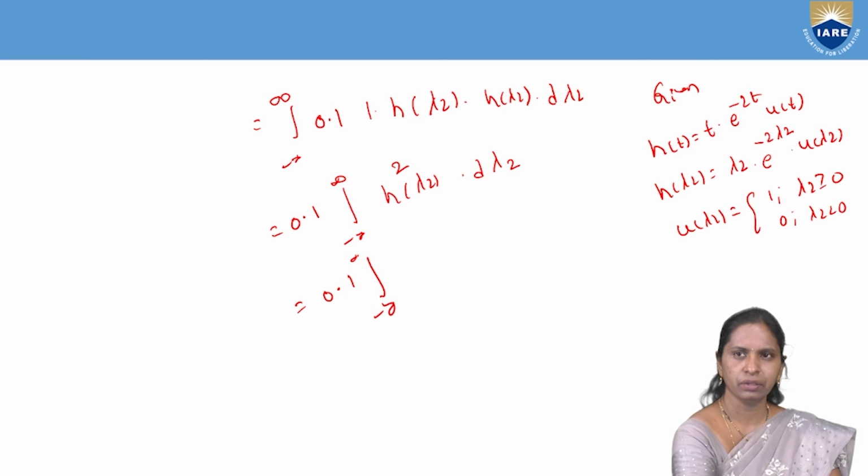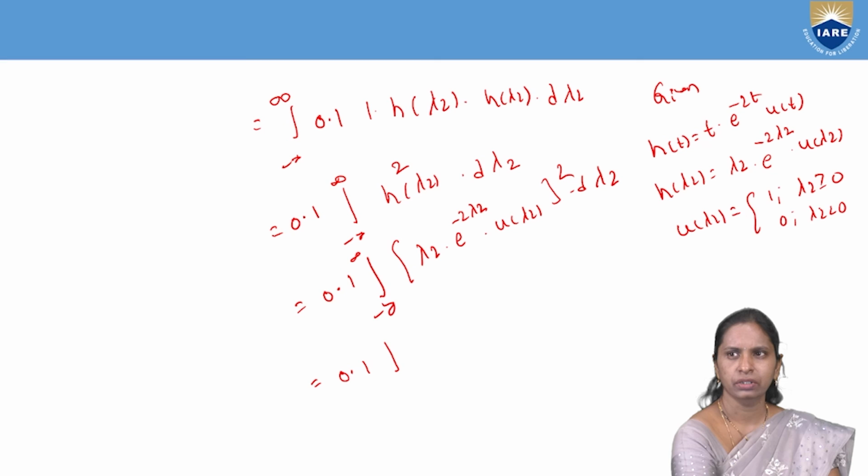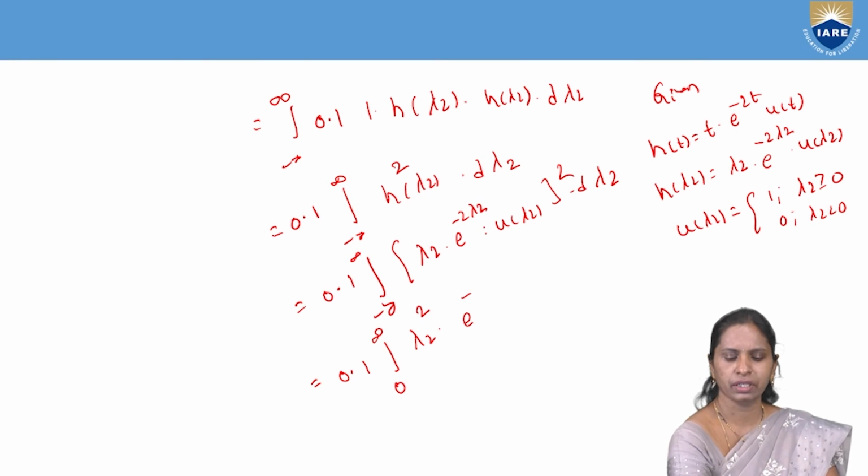So minus infinity, h of lambda 2 is lambda 2 into e power minus 2 lambda 2 u of lambda 2, squared, d lambda 2, which equals 0.1 times the integration from 0 to infinity of lambda 2 square into e power minus 2 lambda 2 whole square, nothing but e power minus 4 lambda 2, d lambda 2.